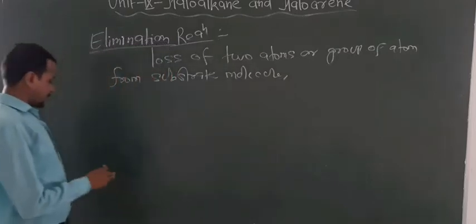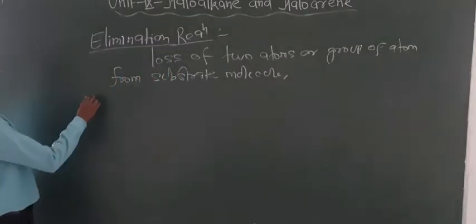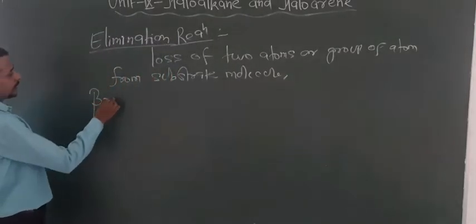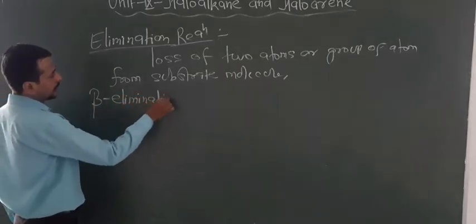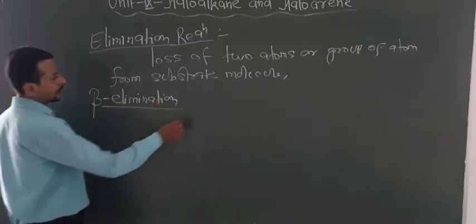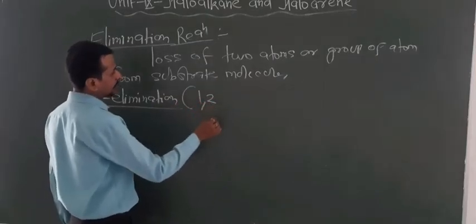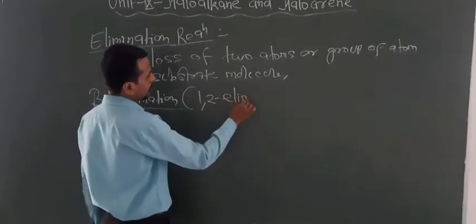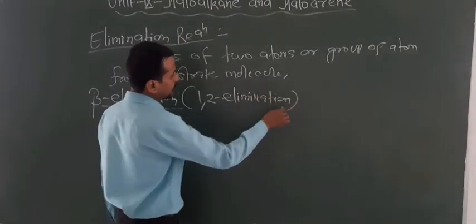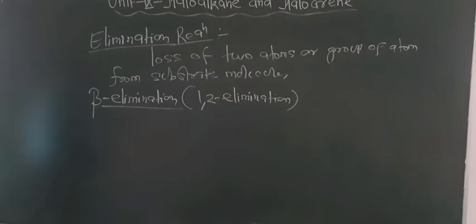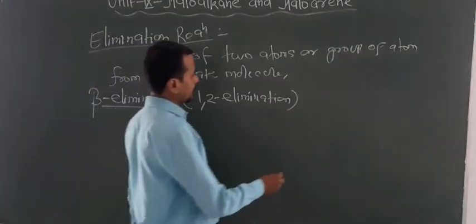Now dear students, in elimination reactions you have to know about beta elimination. This is also known as 1-2 elimination. So now look at here, what happens here?